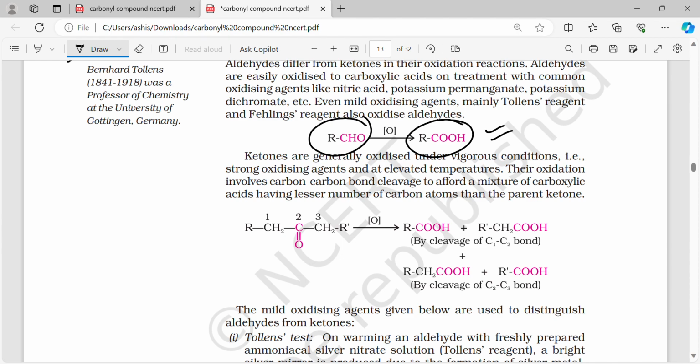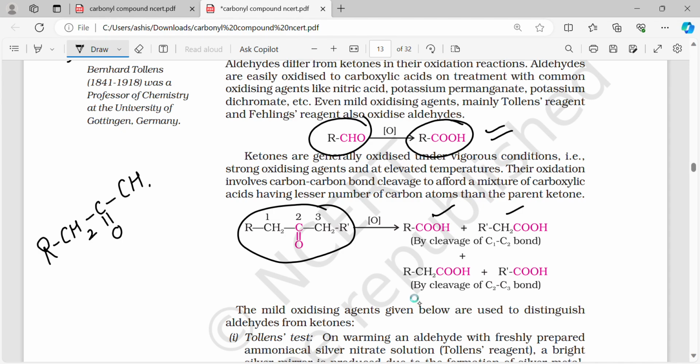Another one is oxidation reactions. Now we know aldehydes easily oxidize into carboxylic acid, but ketone cannot easily oxidize into carboxylic acid. But if we use vigorous conditions like very hot acidic concentrated KMnO4, then ketone can also get converted into carboxylic acid.